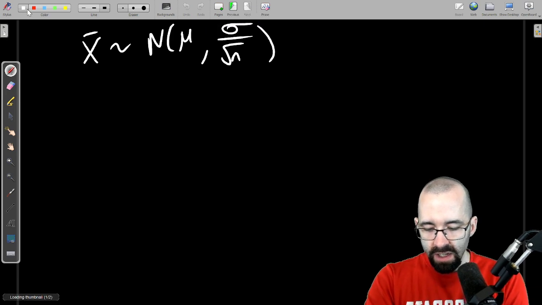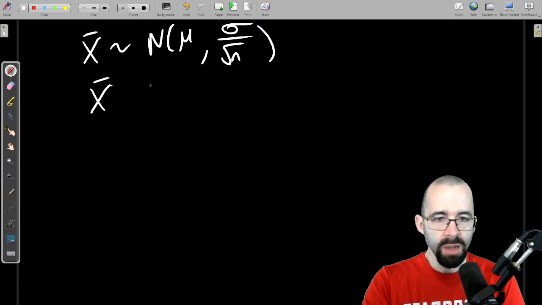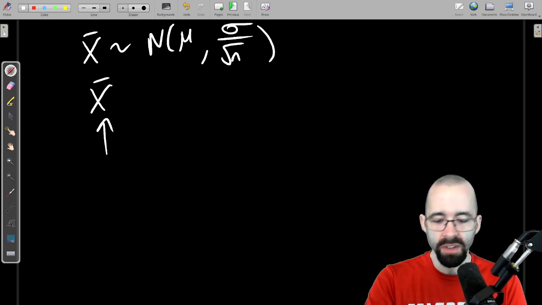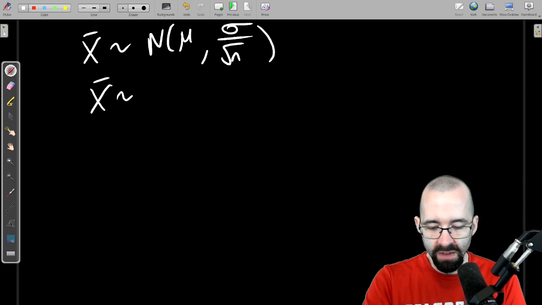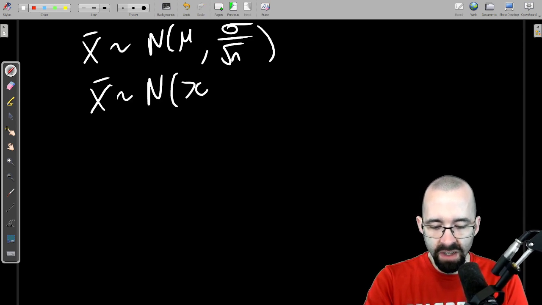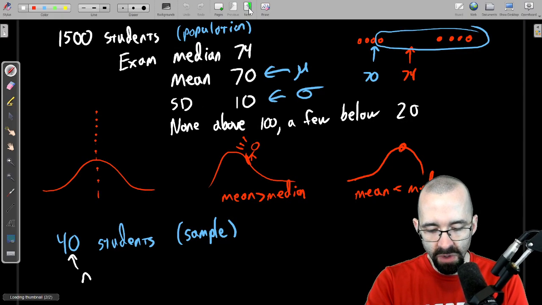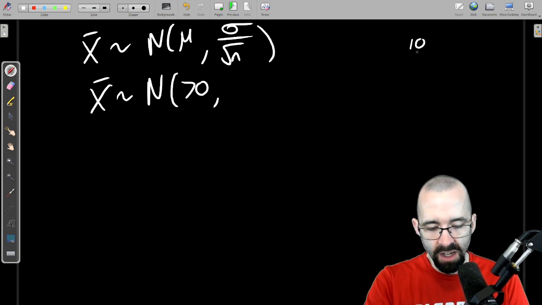So we go over here and say, all right, every time we take a sample, x bar is going to be a random number. Let's call that capital X bar for its random variable. The mean we said was 70. Standard deviation is sigma over the square root of n, which is 10 over the square root of 40.